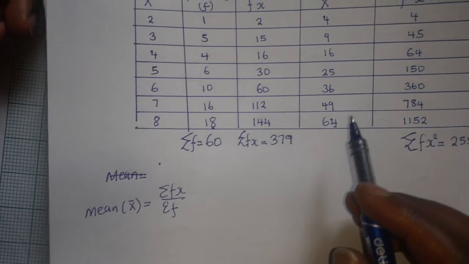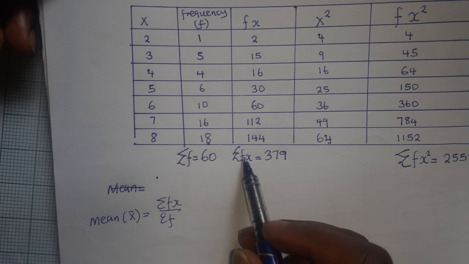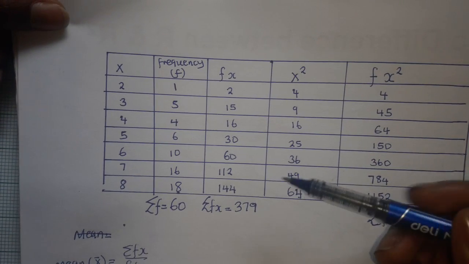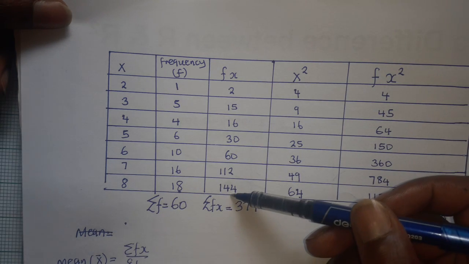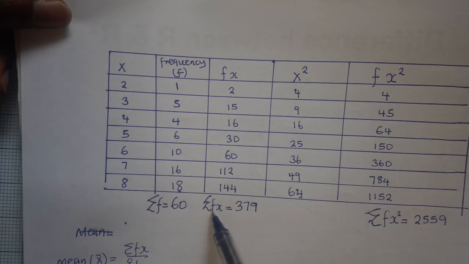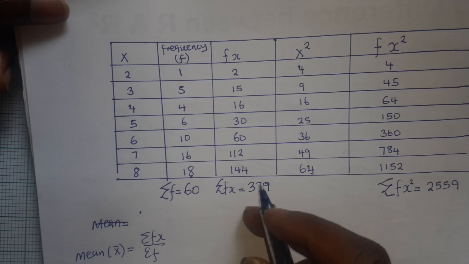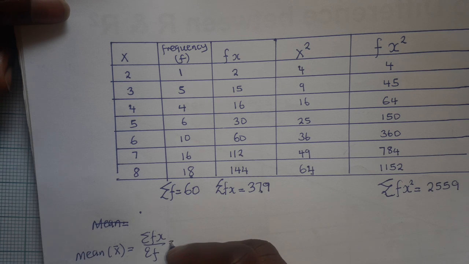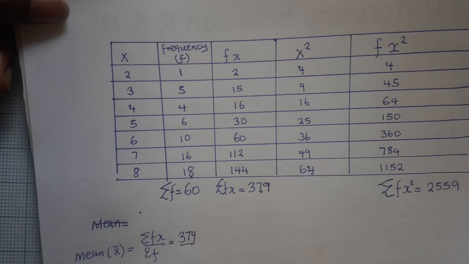Now, from your table, these are given. The summation of fx, where you add these from the top up to the last one. You compare what you got with this: 379. So this is going to be 379 over 60.